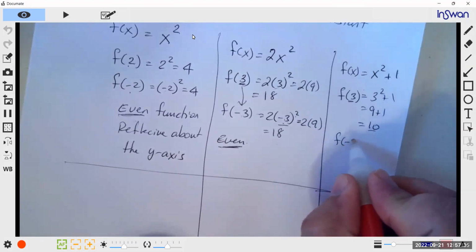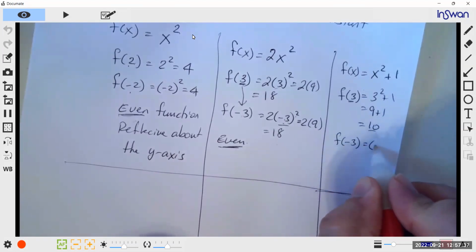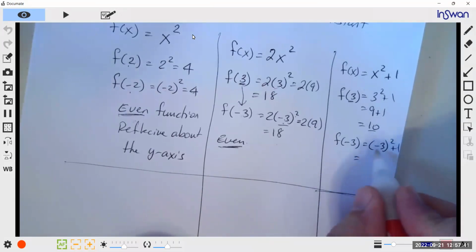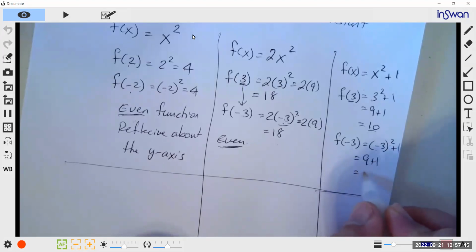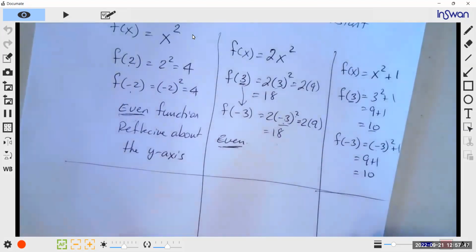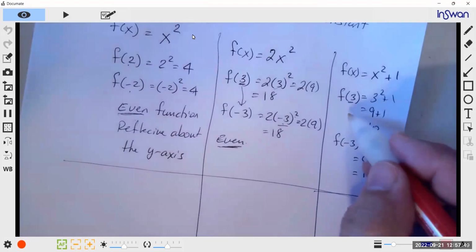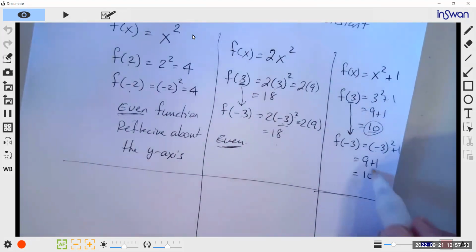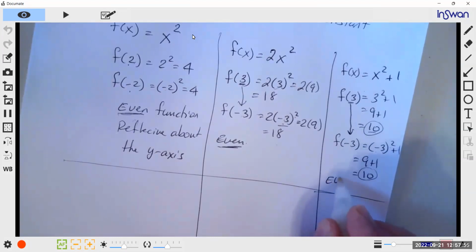What happens if we put a negative 3 in there? Negative 3 squared plus 1. Negative 3 times negative 3 is positive 9. 9 plus 1 is 10. So x changes from positive to negative. Answers stay the same, therefore it's even.